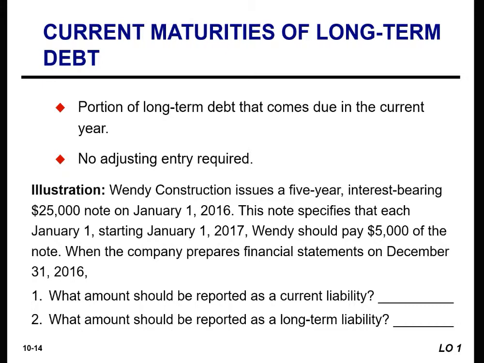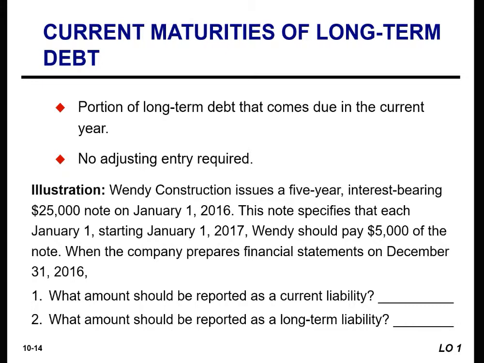So Windy Construction issues a 5-year interest-bearing $25,000 note on January 1st, 2016. This specifies that each January, starting January 1st, 2017, Windy should pay $5,000 of the note, so of the face value. When the company prepares the financial statements on December 31st, 2016, they should have as their current liability, so what will they need to satisfy in the next year?